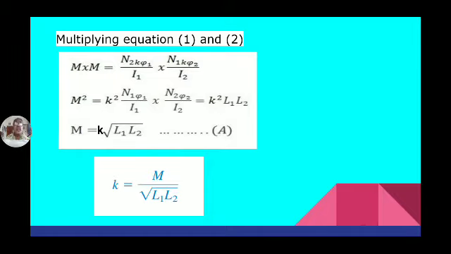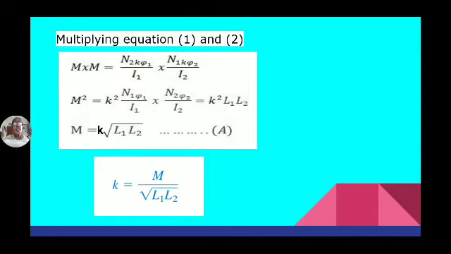So the coupling coefficient can also be defined as the ratio of mutual inductance between the coils to the square root of the product of the two self-inductances of the coils.